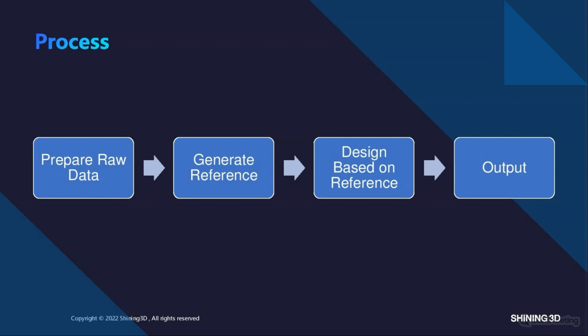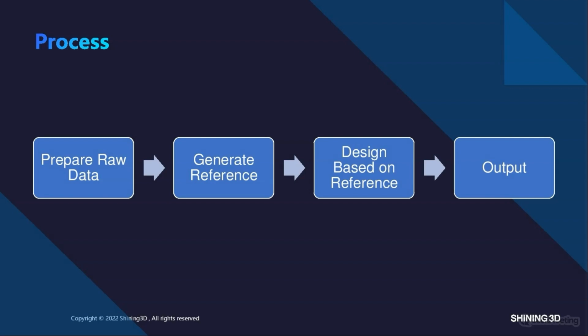You also need to do CAD work. However, you are not doing CAD work from zero, not building something from your mind. You're building something based on the scan data, based on the reference you generated from the former step. And we will talk about this later in detail.